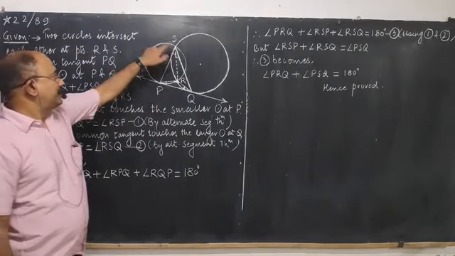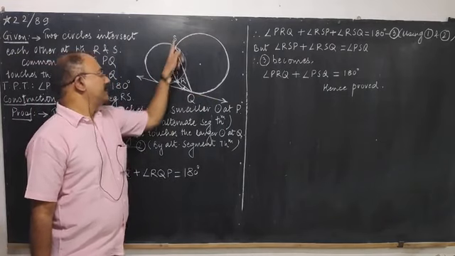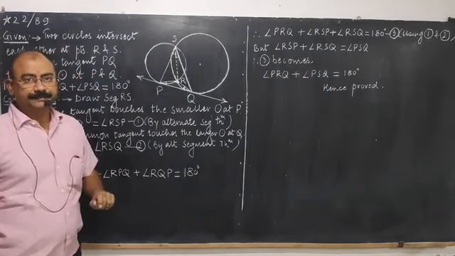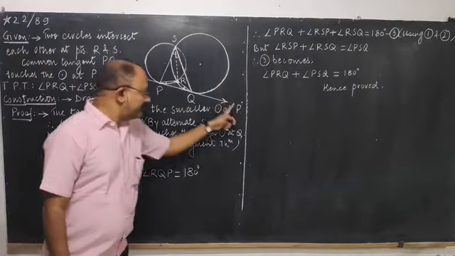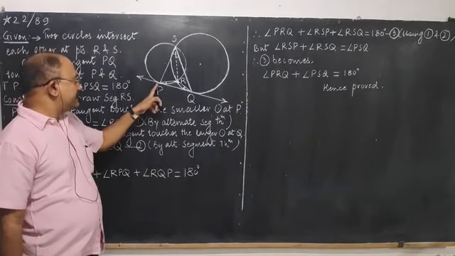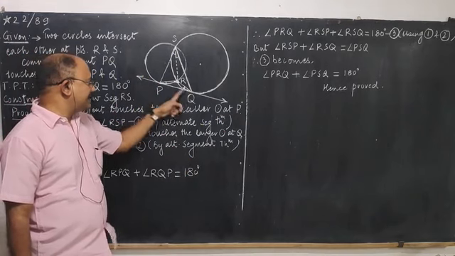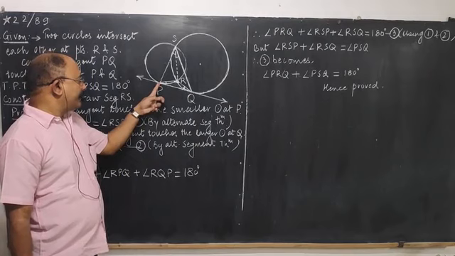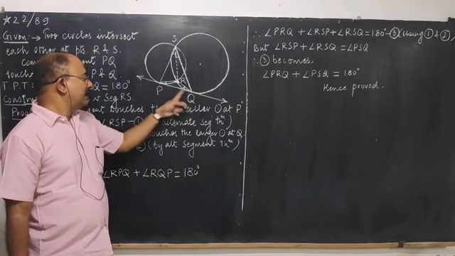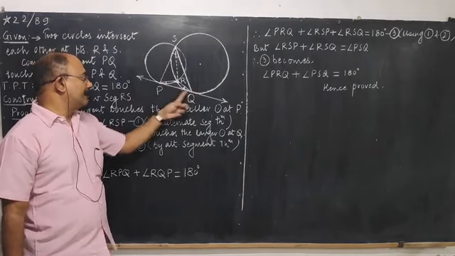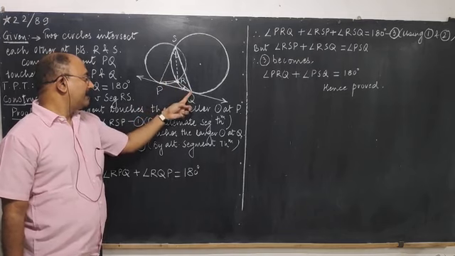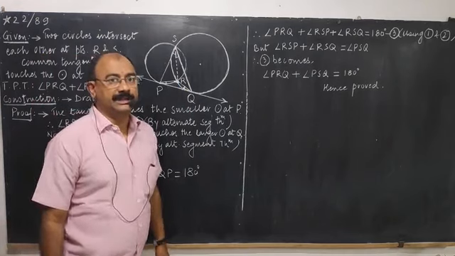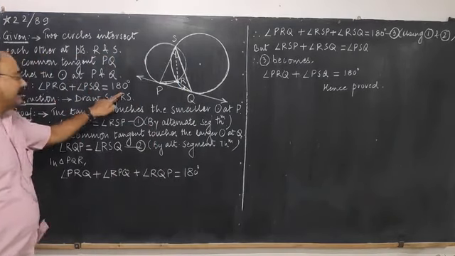It is given that two circles are intersecting each other in points R and S. A common tangent is touching the two circles in points P and Q. We have to prove that measure of angle PRQ plus measure of angle PSQ, their sum is 180 degrees.